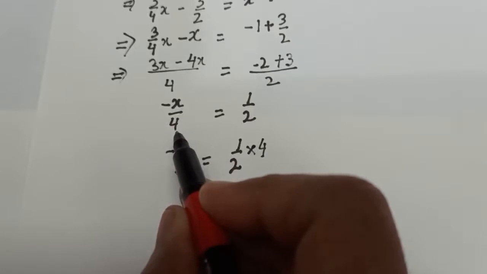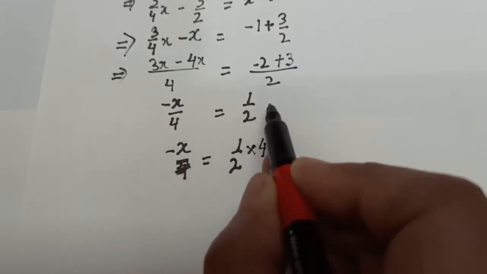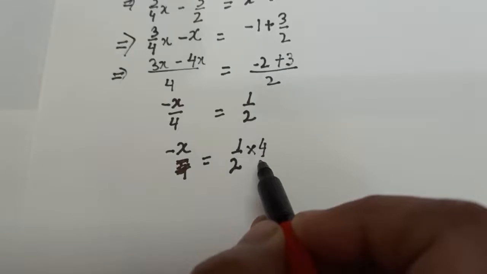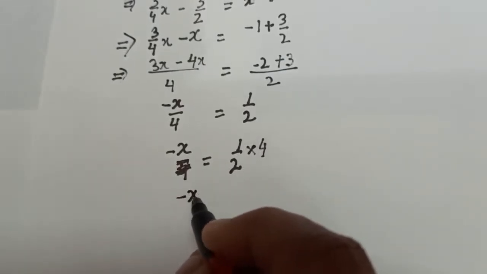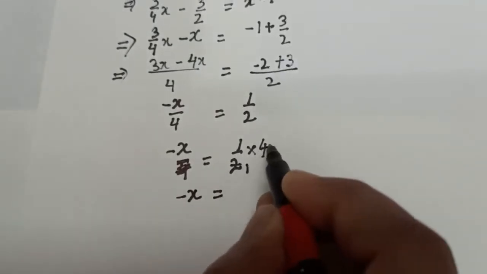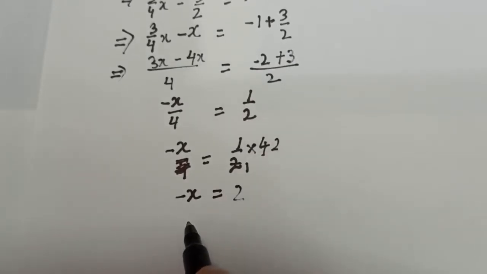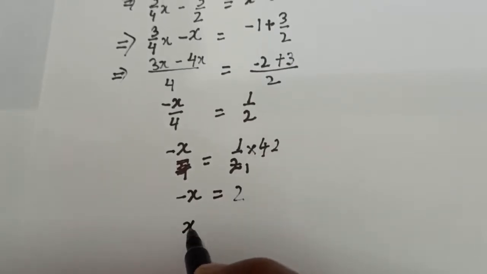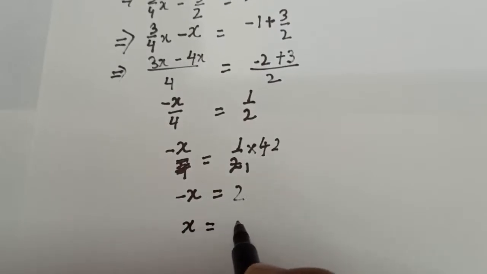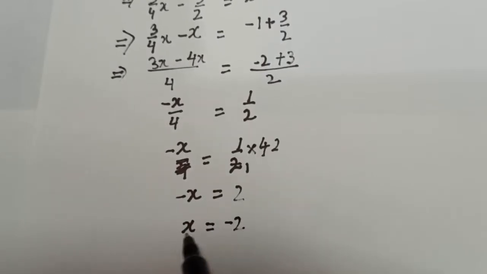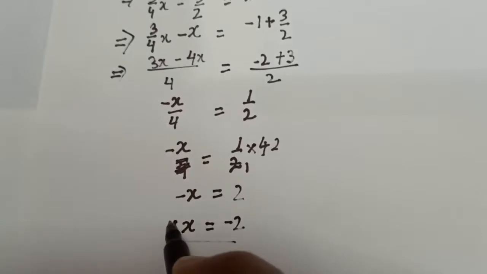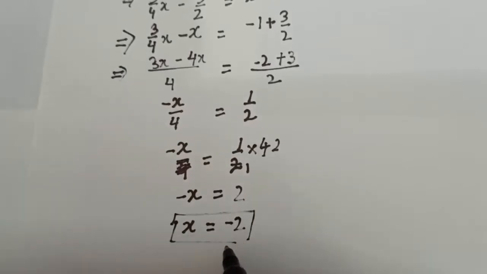Upon 4 means divided by 4, and we are changing this division to multiply by 4. And here we got minus x is equal to 2, and x is negative here. We want the positive x, so we can multiply both sides by minus sign. So we will get x is equal to minus 2 as the answer. Alright.